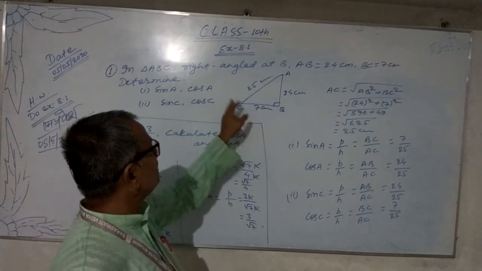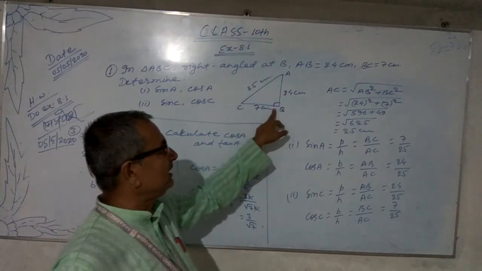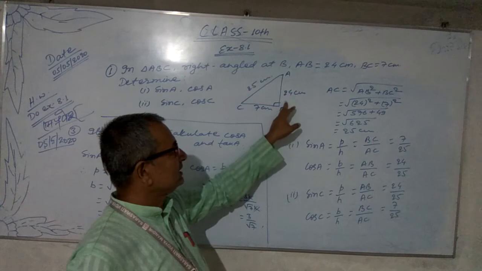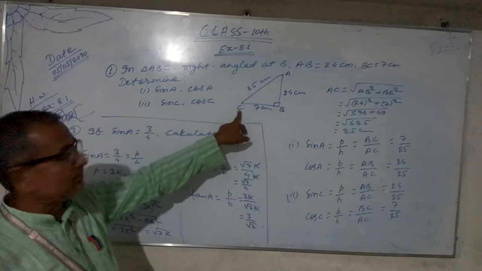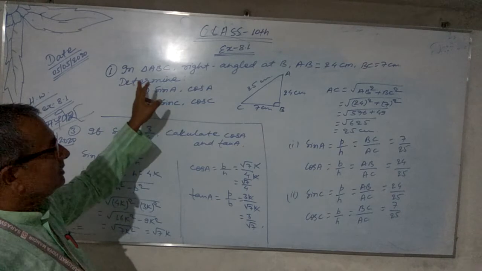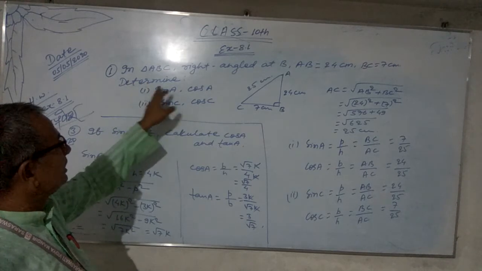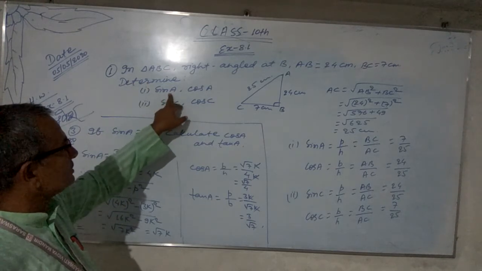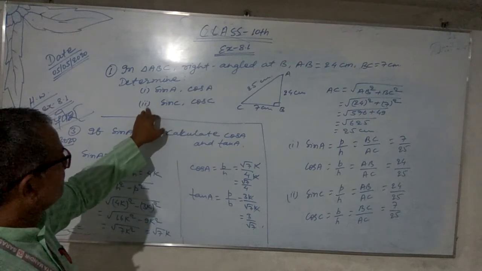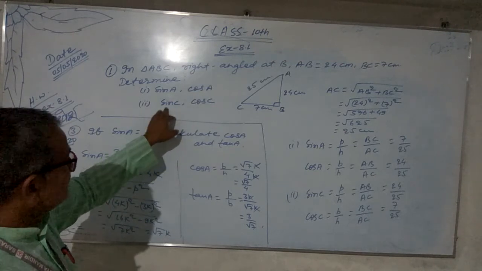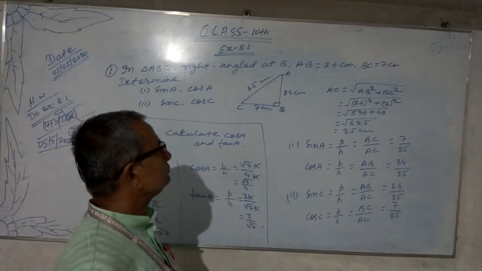In triangle ABC, right angle at B, AB is given 24 cm, BC is equal to 7 cm, and we have to find out the value of sin A and cos A, and sin C and cos C.